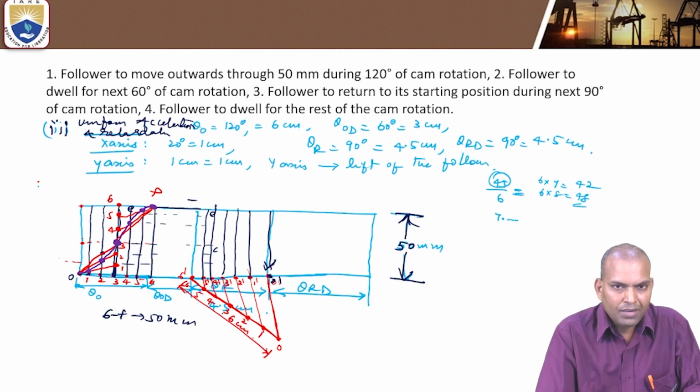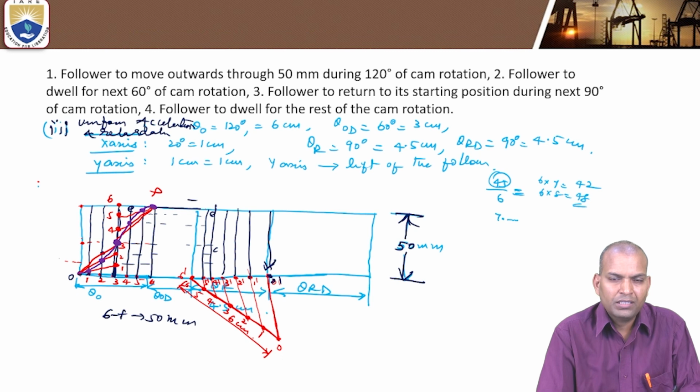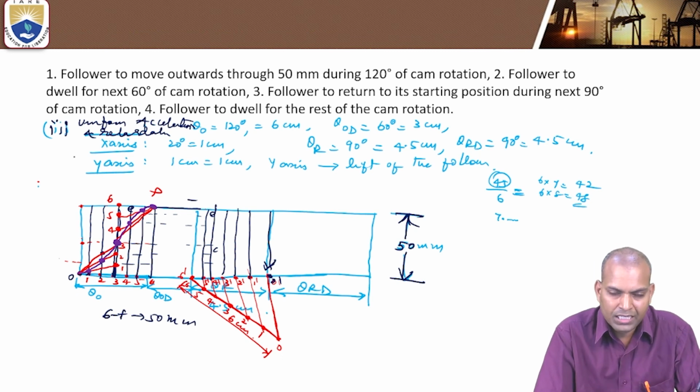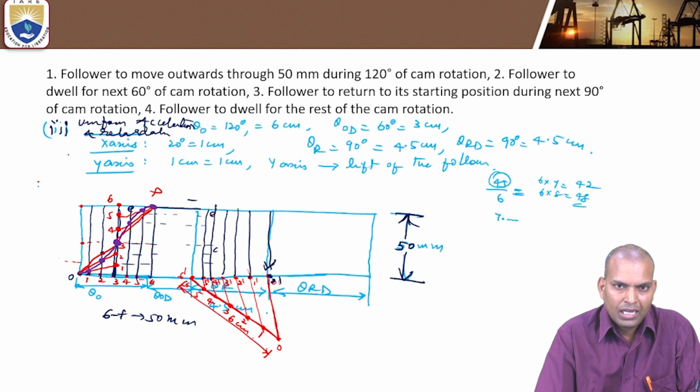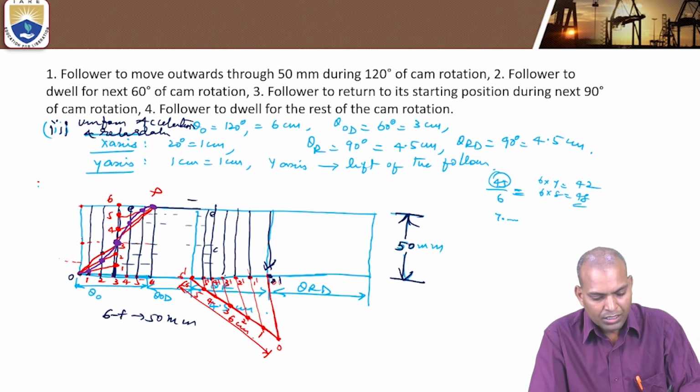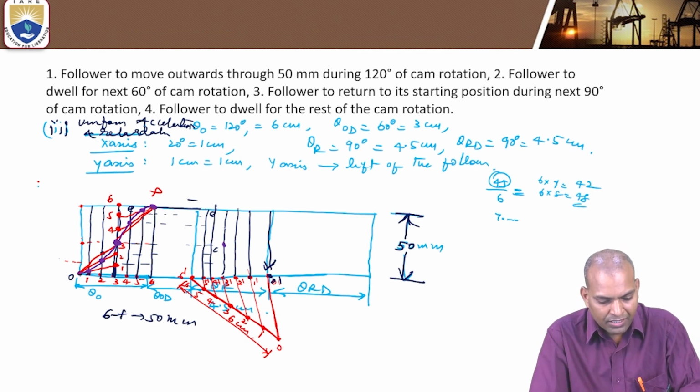Same procedure you follow for the return stroke, because we are considering the outstroke and return stroke, both with uniform acceleration and retardation. Similarly, this 3' center line is divided into equal number of parts. Then again join very carefully here.